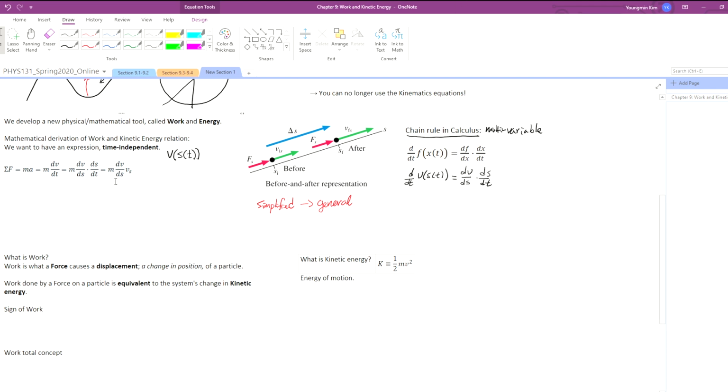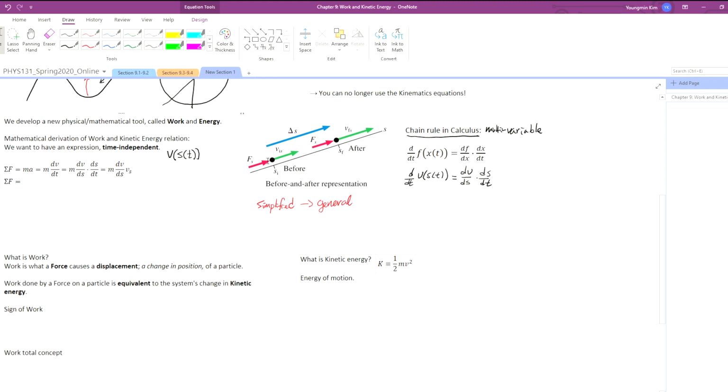Let me just write it here one more line. We started with a sum of forces.